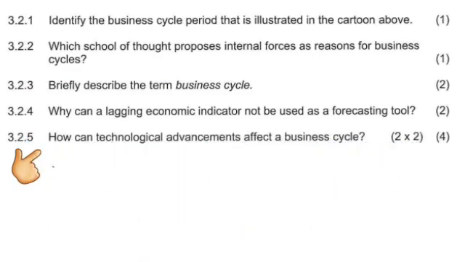Then in 3.2.5, it says, how can technological advancement affect the business cycle? For the business cycle, we know that in the economy, what makes economic growth is if businesses are able to produce more, meaning put more output into the economy, and produce goods and services faster.